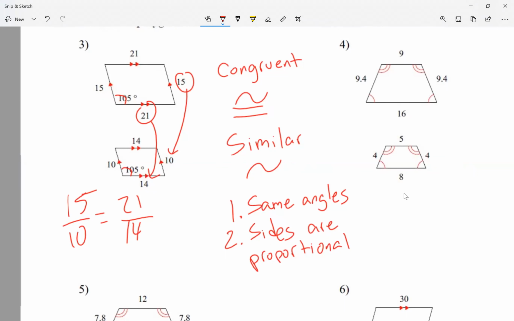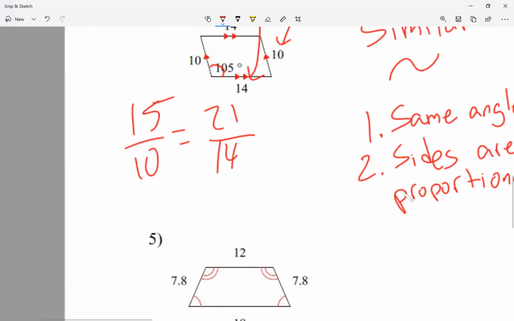Okay, so proportional. Two ways how to check these things are proportional. One way, simplify your fractions. 15 over 10, simplify it. And then 21 over 14, simplify it as well. If these two are proportional, the fractions will simplify to the same thing.